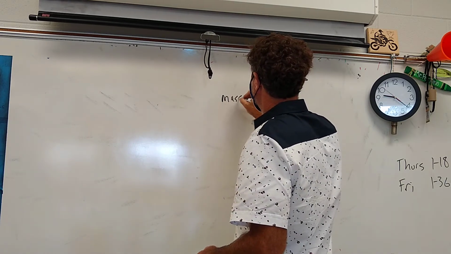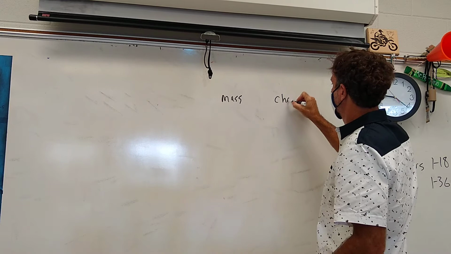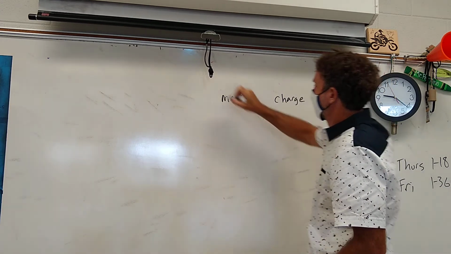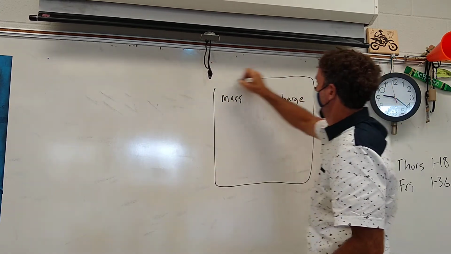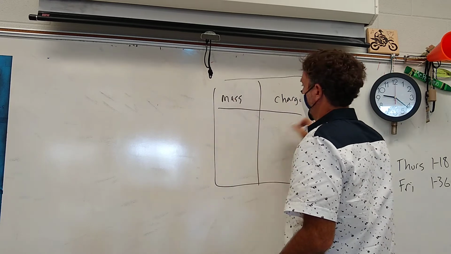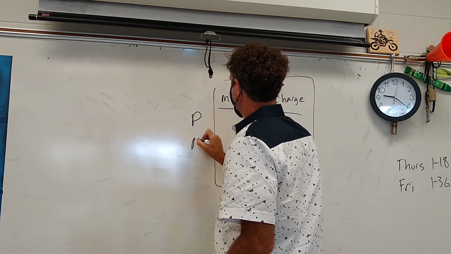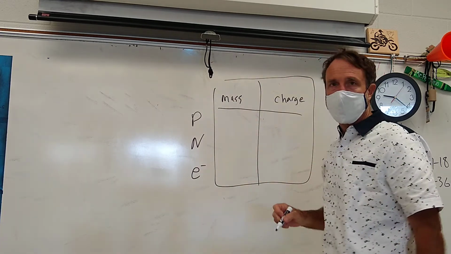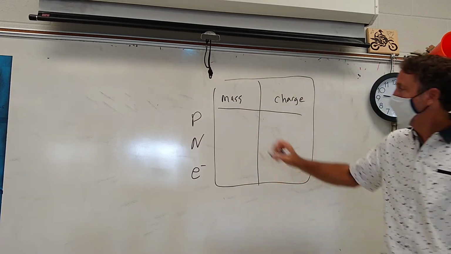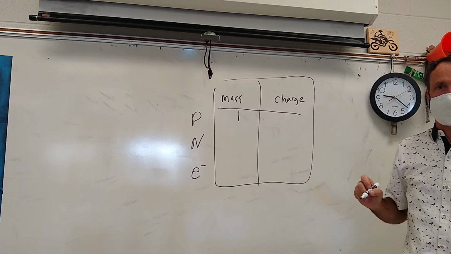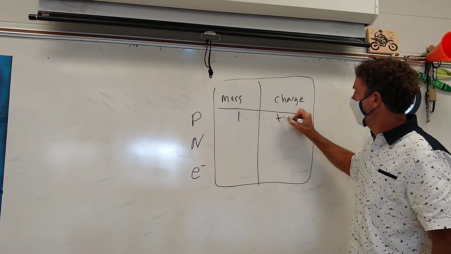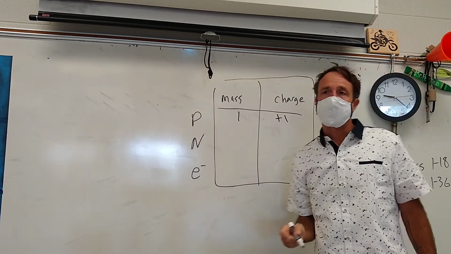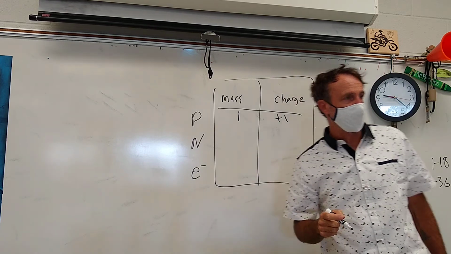Mass, right? Charge. Right? And then we have protons, neutrons, and electrons. Okay? What's the mass of a proton? 1. What's the charge of a proton? Positive 1. That's what pro means. Pro means positive. Does that make sense?